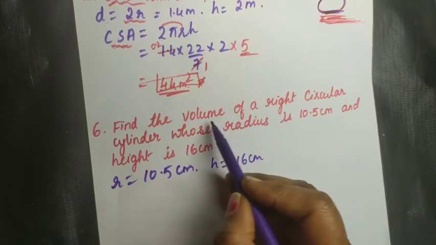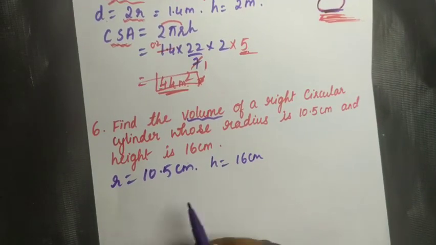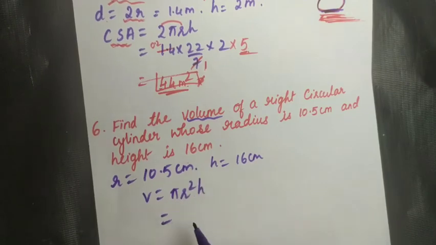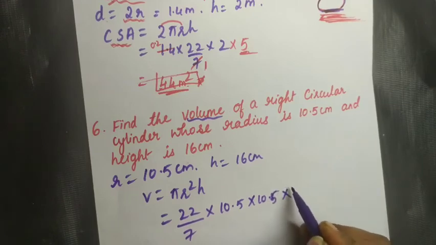What are we supposed to calculate? It is volume. Volume is nothing but the space occupied by the cylinder. So volume is equal to pi r square h. This is the formula. Now pi is equal to 22 by 7, r is 10.5 into 10.5 because it is squared, and h is 16.